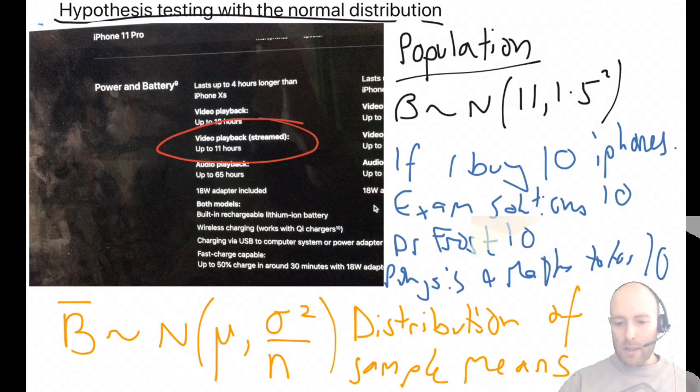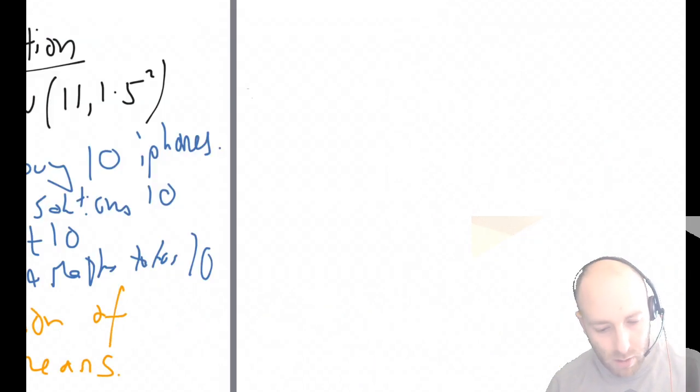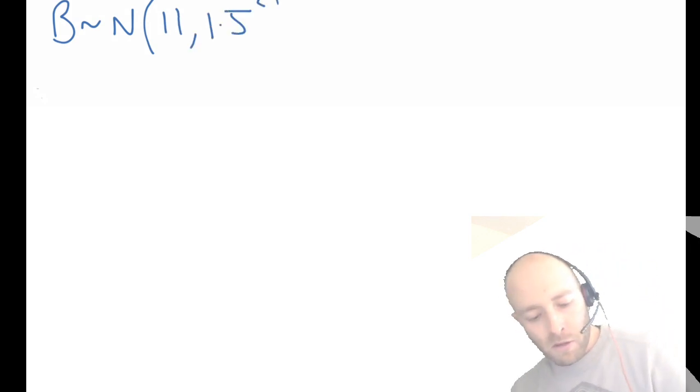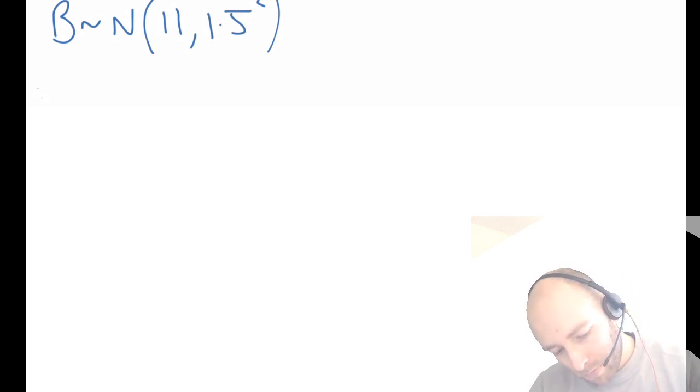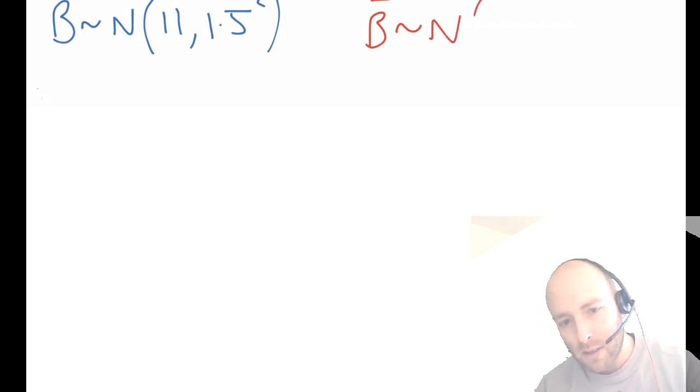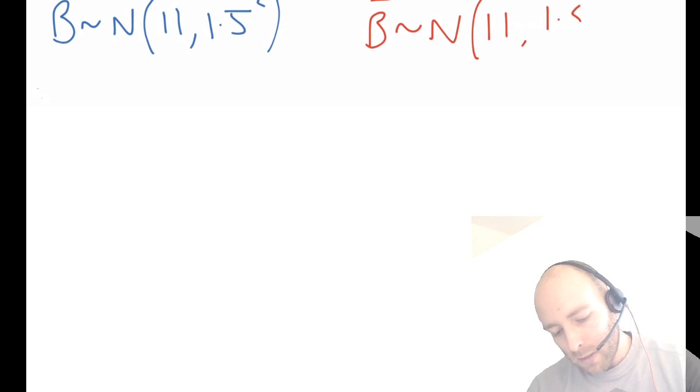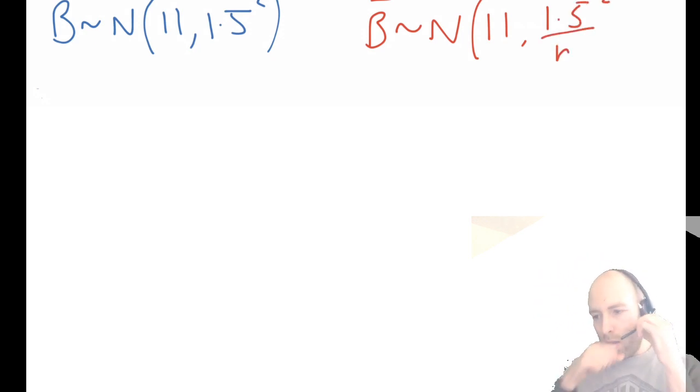All right, so we're going to try this and do a quick test on the iPhone battery. So the original battery life again, B, is normal, 11 and 1.5 squared. We said that the means should also be normal, should still have a mean of 11, but the spread will be a bit smaller. It'll be that divided by n.